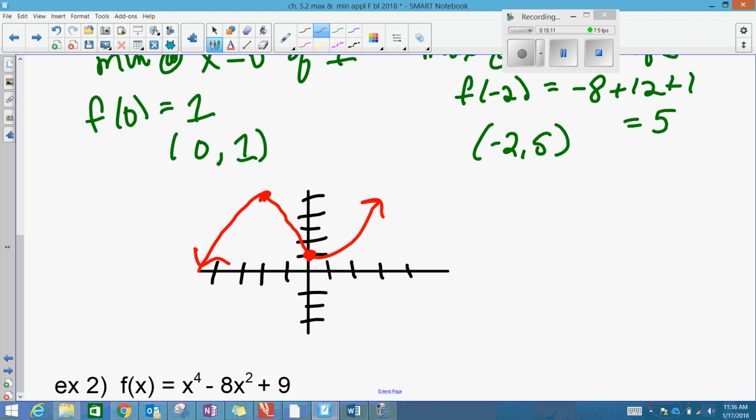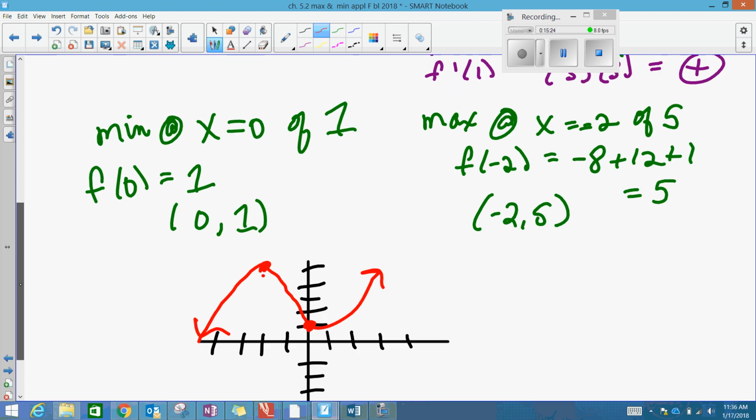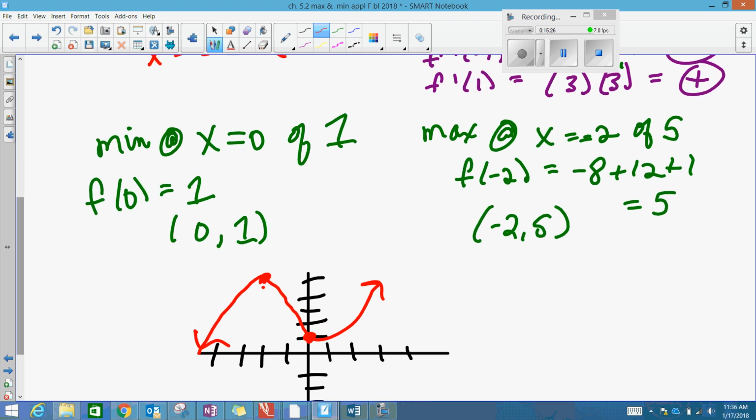So here we've sketched the graph. It has a max at -2, 5 and a relative min at 0, 1. Boom, that's it. Okay? So again, we haven't really added any math other than what we did last class. We've just now used that information to make a sketch of the graph.